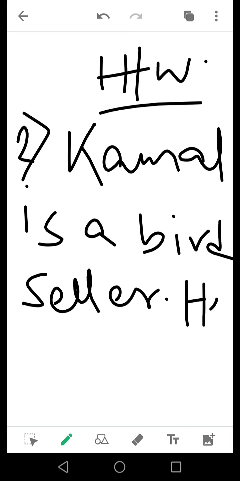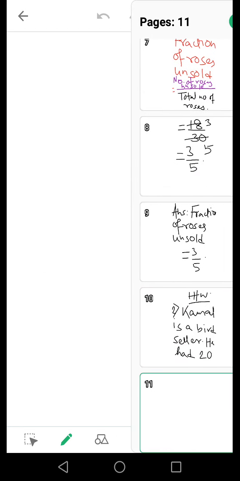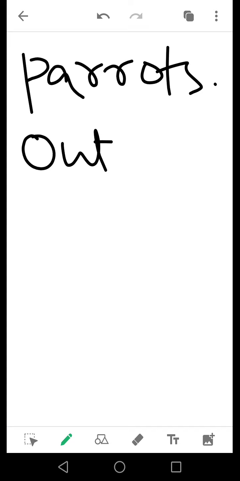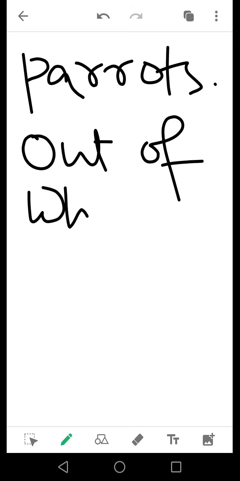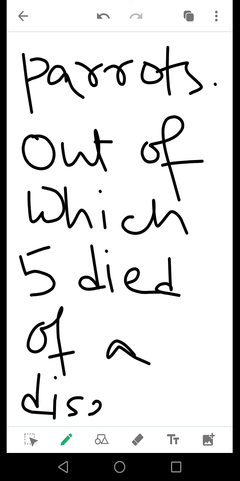He had 20 parrots. That means these were for being sold, out of which 5 died of a disease. It happened that out of the 20 parrots, 5 of the parrots died of a disease.